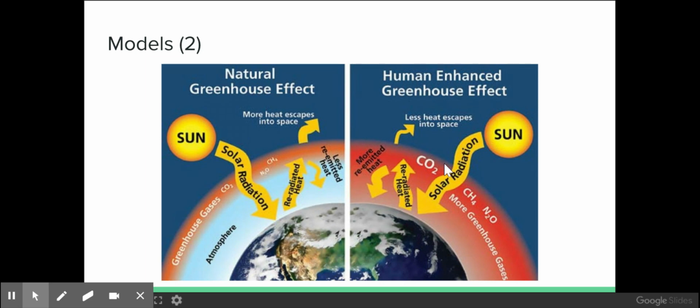And if the concentration of these gases increases, it would stand to reason that that heat would have nowhere else to go. The more CO2 we put into the atmosphere, the more that it heats the atmosphere. That's another model because it illustrates a very complex theory in a very colorful, simple, and visual way.